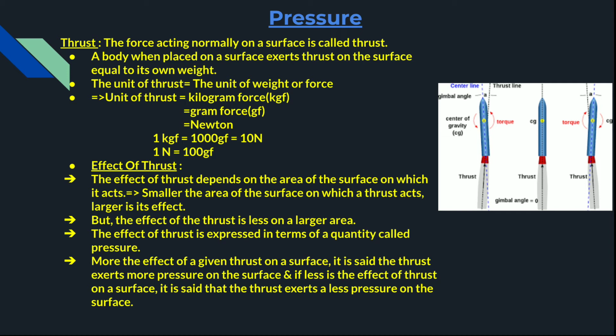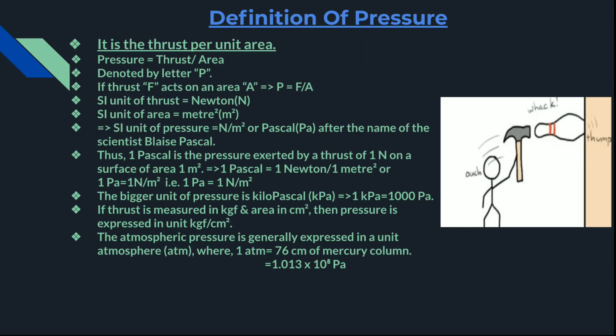Now we come to the definition of pressure. Pressure is the thrust per unit area. That's why we first discussed thrust, and then we have come to pressure.